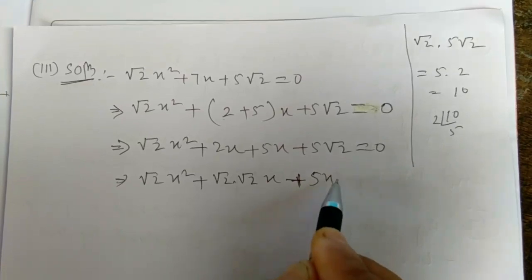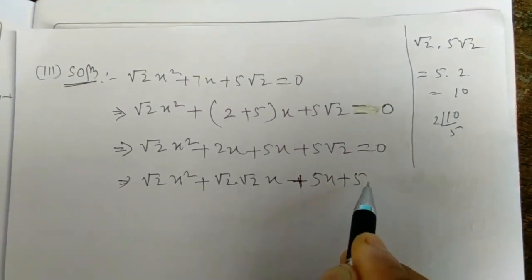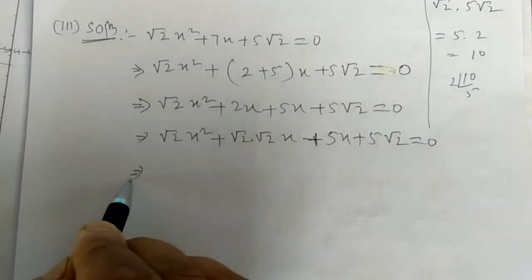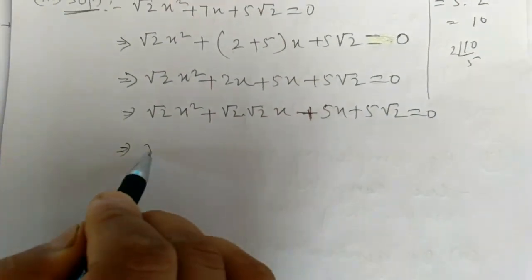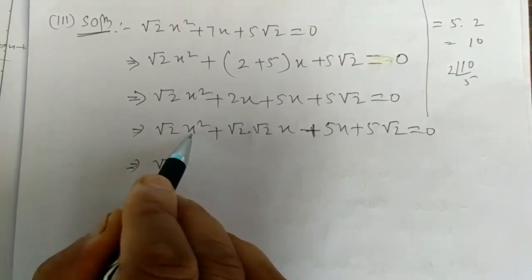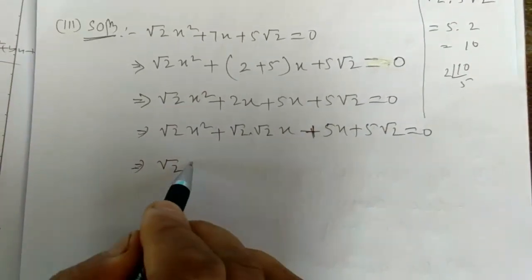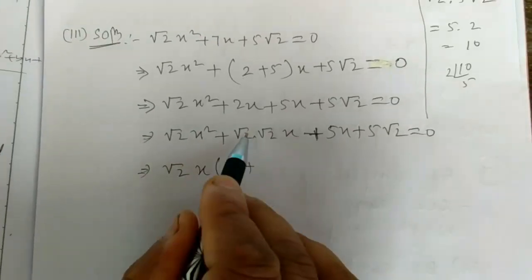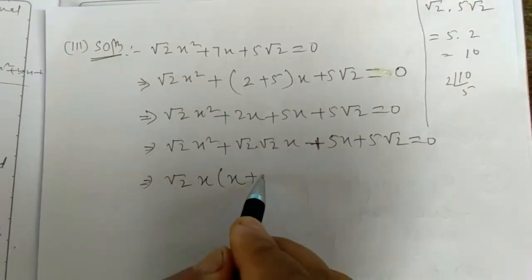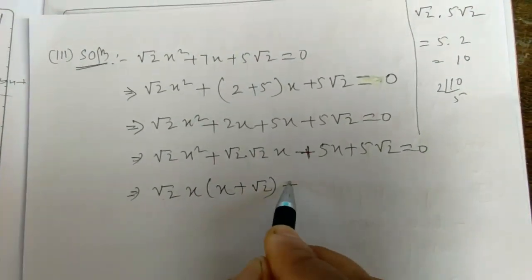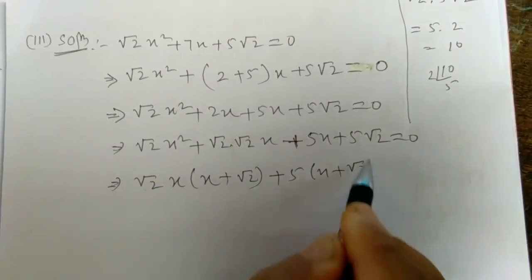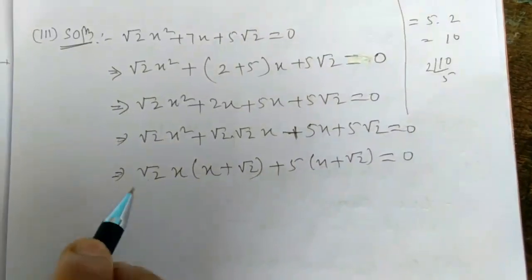First let me arrange. Then here root 2 common, here x square, here is x only, so you can take 1x common, x remains, root 2 x taken out, so only root 2 will remain here, plus here 5 common, so x plus root 2 will remain. Your insider must be the same.